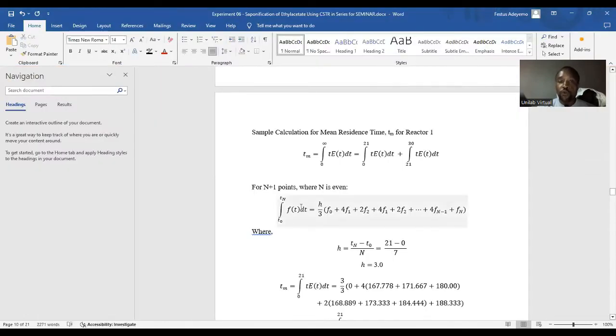So for n plus 1 points, where n is even, we have this expression. Then our h, which is the height or step, is given by Tn minus T naught over n. So from 21 minus 0 all over 7, which gives us 3.0.